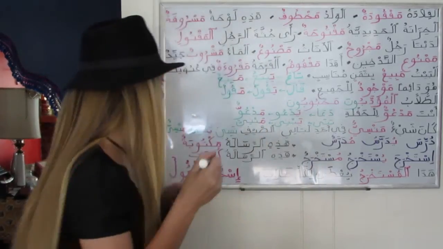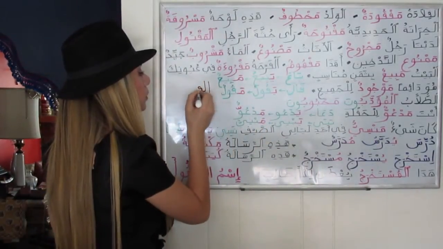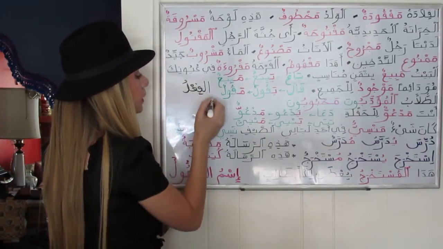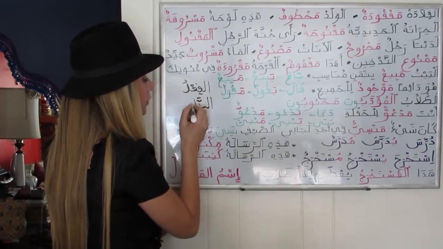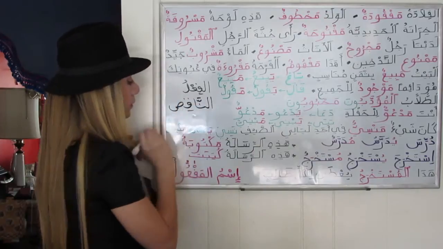Okay. So the passive participles of defective verbs, الفعل الناقص, whose last radical is a weak letter.